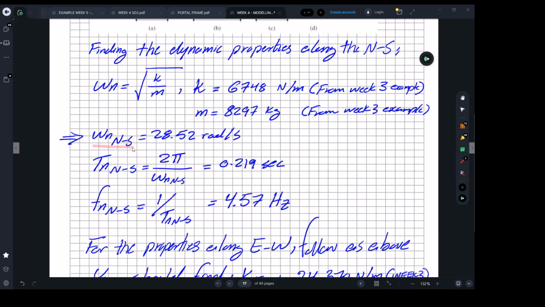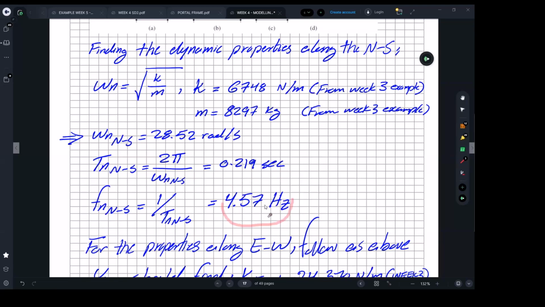So the north-south natural circular frequency is 28 radian per second. See the unit here? When we're talking about circular frequency, we're talking with these units, radian per second. When we're talking about cycle frequency, we're going to be talking about hertz, because hertz means how many cycles per second.